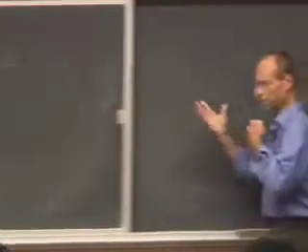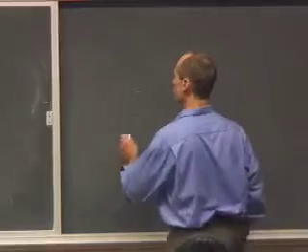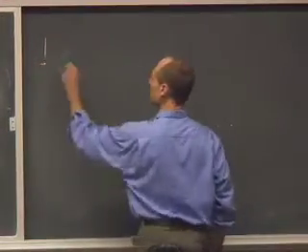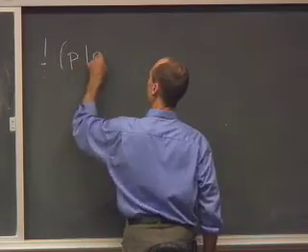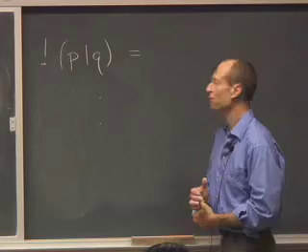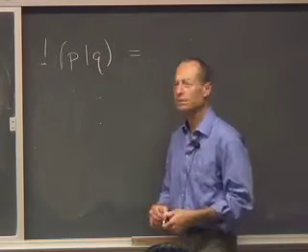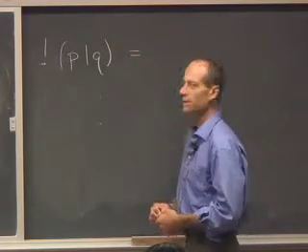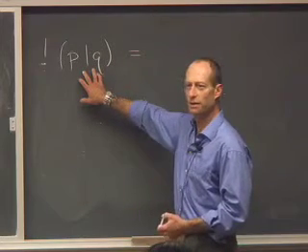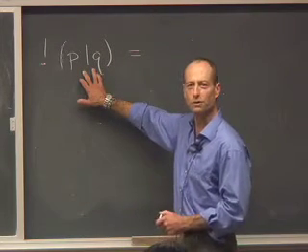Let's look at some general rules. So what would not (P or Q) be equal to? P or Q is true if either or both is true.